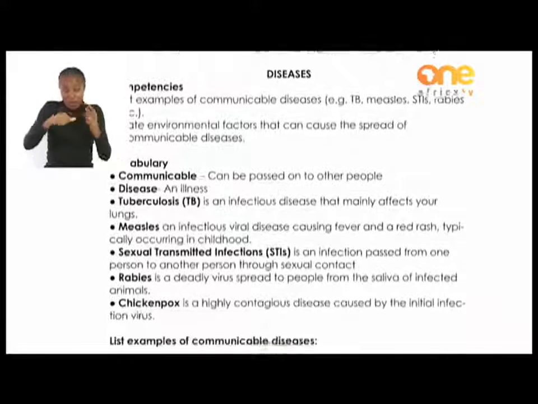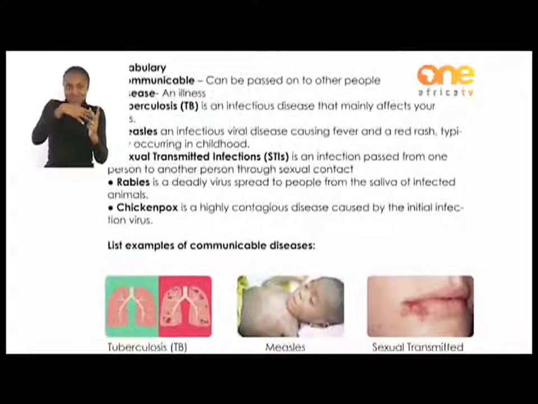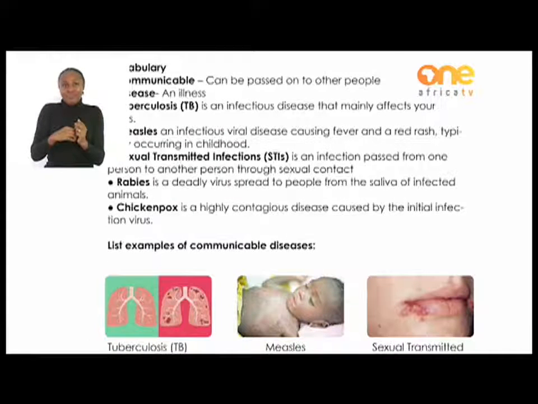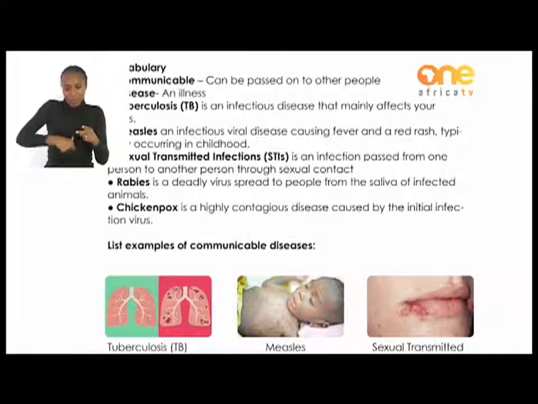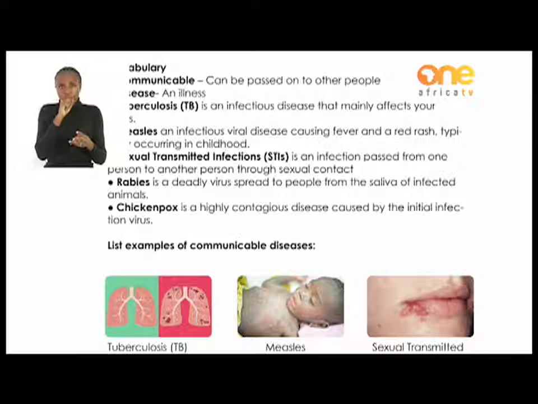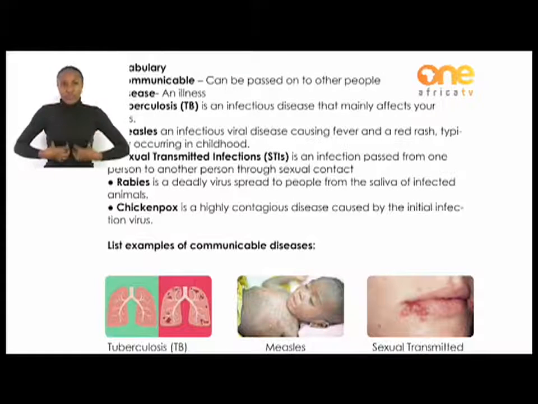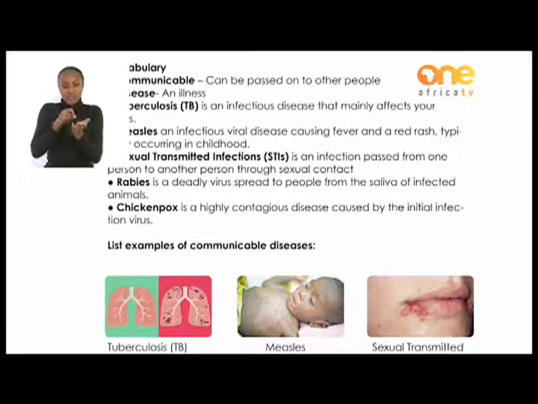Communicable: can be passed on to other people. Disease: illness. Tuberculosis, which is TB, is an infectious disease that mainly affects your lungs. Measles, an infectious viral disease causing fever and a red rash, typically occurring in childhood.